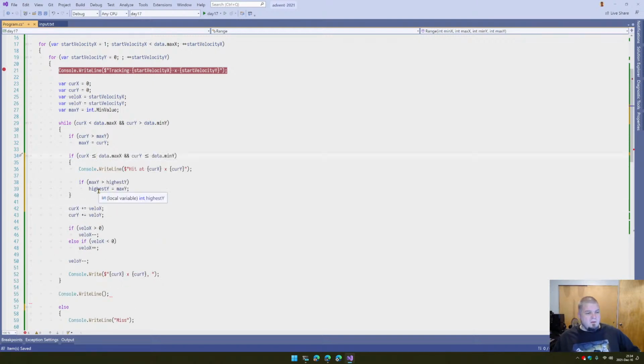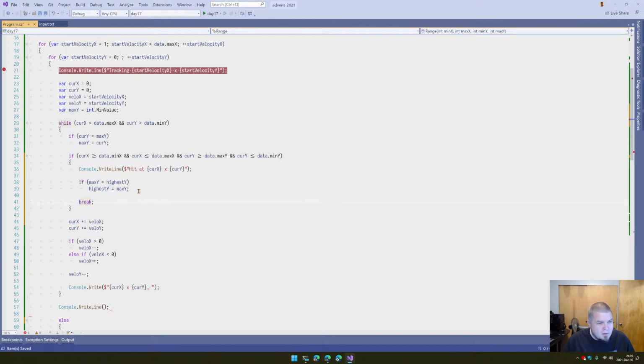So current y is greater than or equal to max y, data.max y, and you're less than or equal to the min y, then that's a hit. And then a break. Except that's not enough of a break, is it?